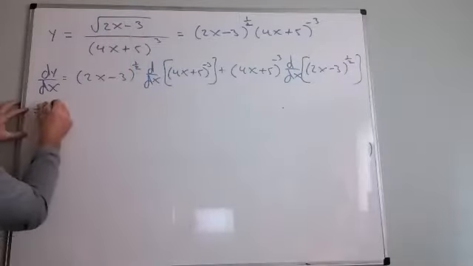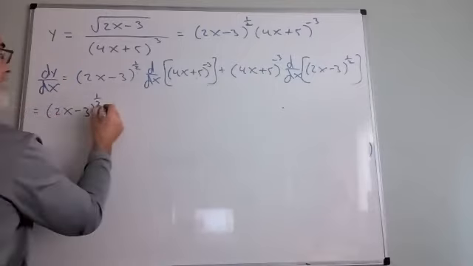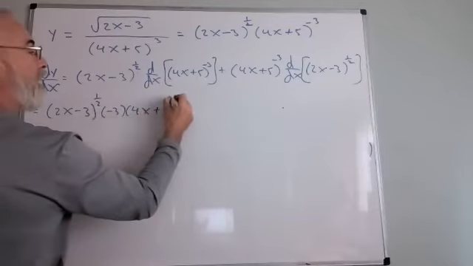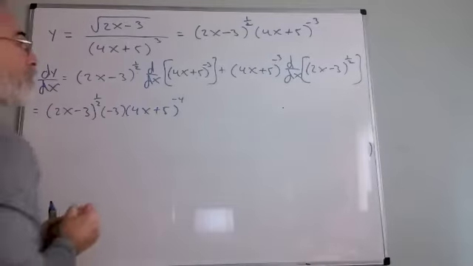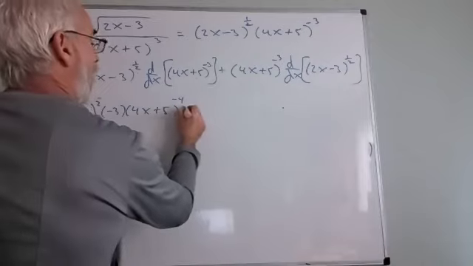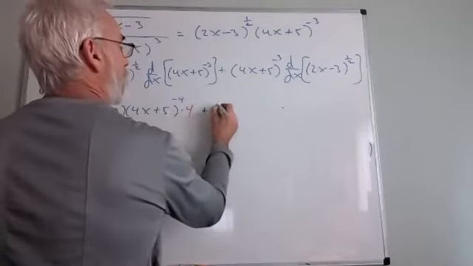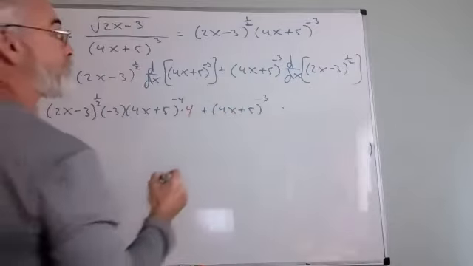So this will become (2x minus 3) to the 1/2 times -3 (4x plus 5) to the -4th, because I decreased the exponent by 1. And then I'm multiplying by the chain rule factor, which in this case would be times 4. Next term, (4x plus 5) to the -3rd.